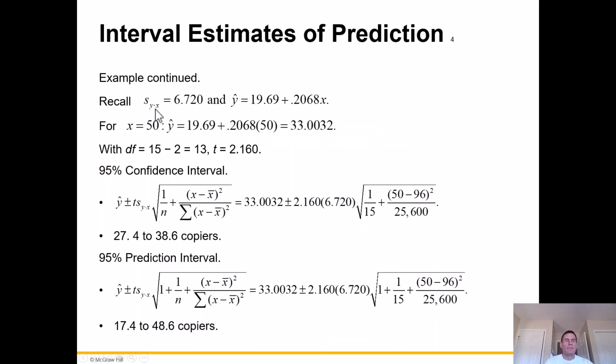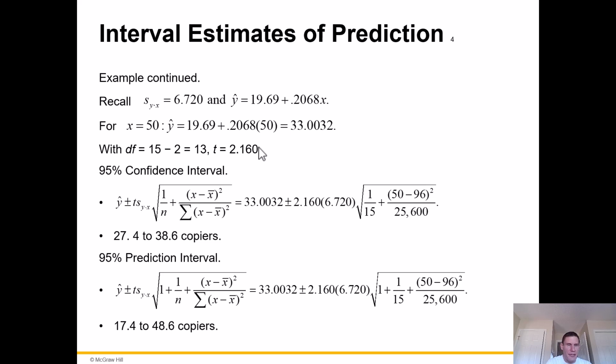If you remember, the standard error was 6.720, and y prime was 19.69 plus 0.2068x, that was the regression equation. So for x equals 50, we plug in the 50 and get 33.0032. And then we have degrees of freedom, sample size 15 minus 2 equals 13, so t was equal to 2.160. That's all from a previous slide.